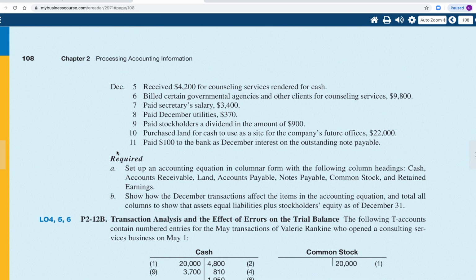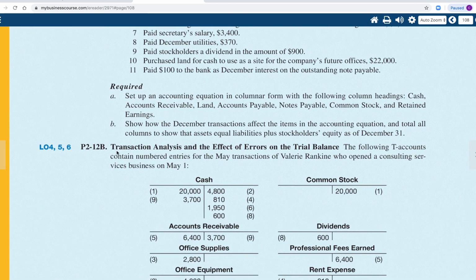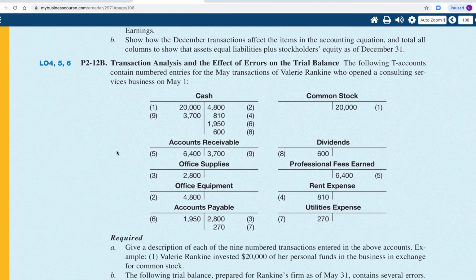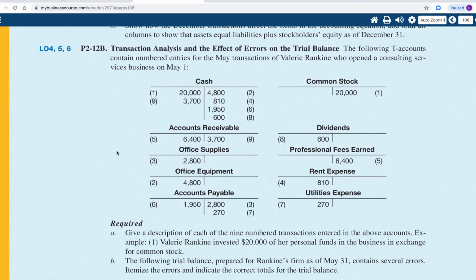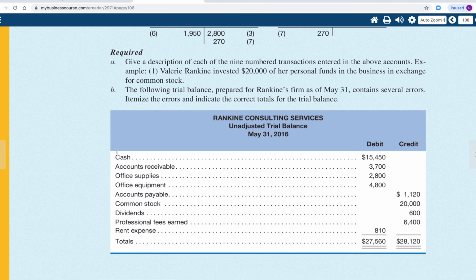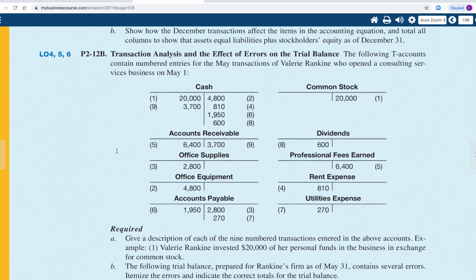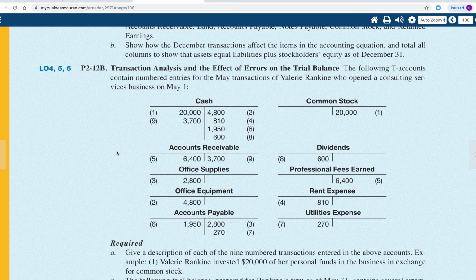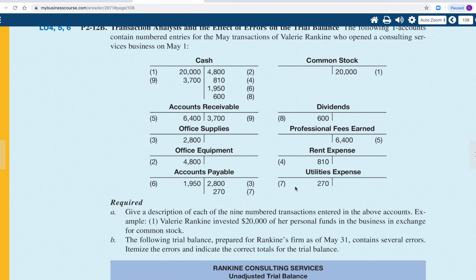2-12. I'm going to go through this one with you. Let's see, what do they want us to do here? Falling Teeth counts the number of entries. Consulting business. Okay. Give a description to each of the 9 numbers.